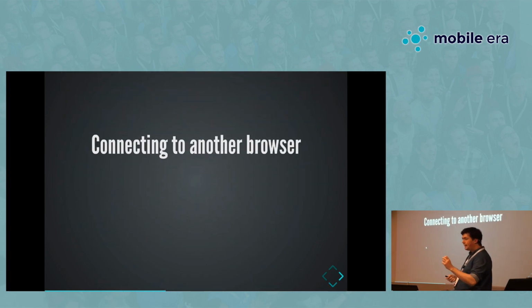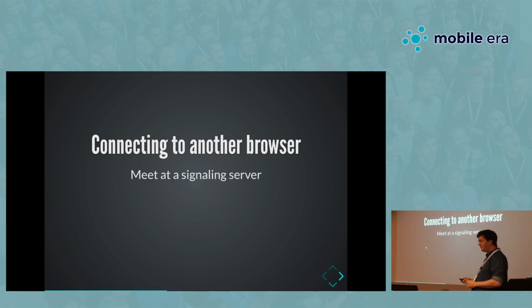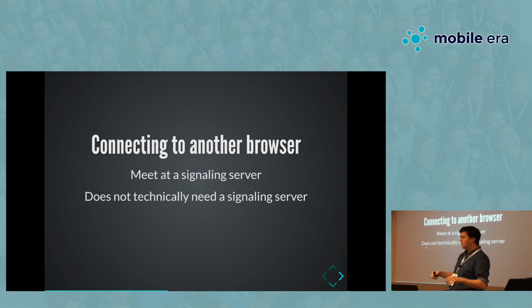Now we're ready to connect to the other browser. We meet at a signaling server. But technically, I keep lying to you, you don't have to meet at a signaling server. Because the thing is, in order to connect, you just have to take some piece of text information generated on either computer and get it to the other. Which means, in theory, that you can console log out that information, put it on a memory stick, attach it to a pigeon and send it flying to your friend, and he can use that to connect to you.